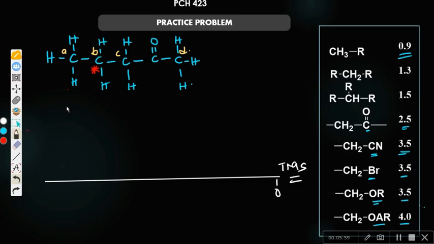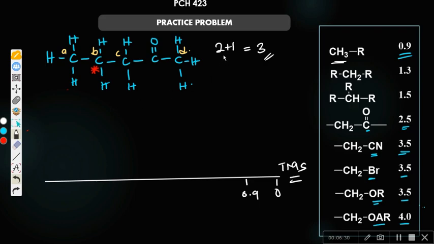By the n plus 1 rule, you are going to add 1 to it, so this becomes 2 plus 1, which gives us 3. 3 is a triplet. Are you getting it now? And of course, the CH3 protons usually absorb at a chemical shift of around 0.9. So you are going to come here and indicate 0.9.